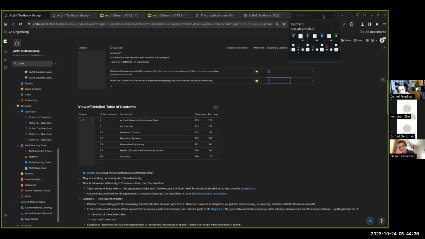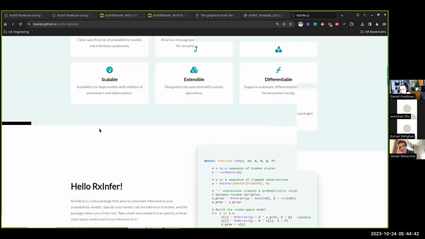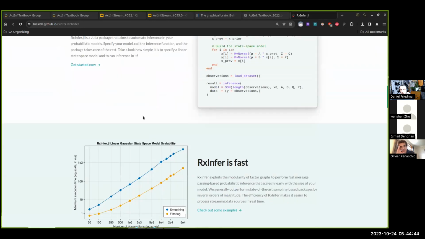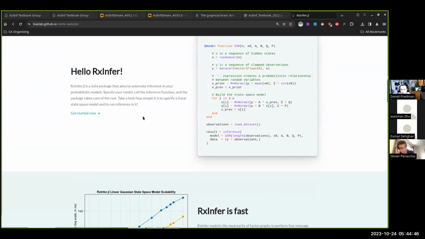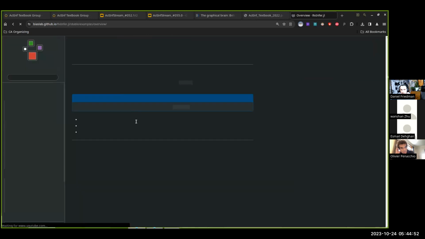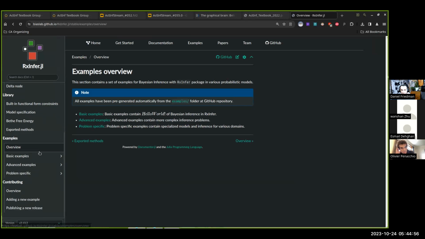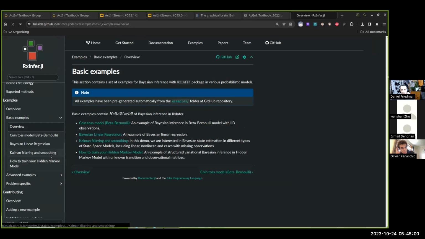I don't know. In fact, I've done very little with the continuous time models. But RxInfer certainly is fine with continuous.